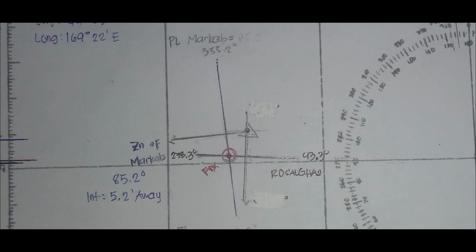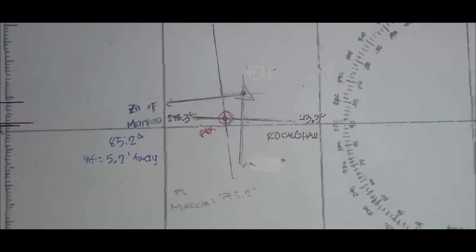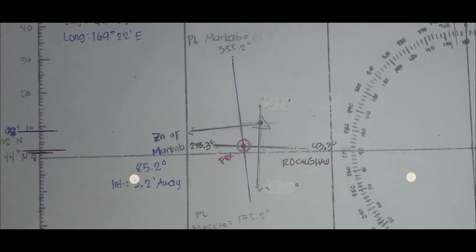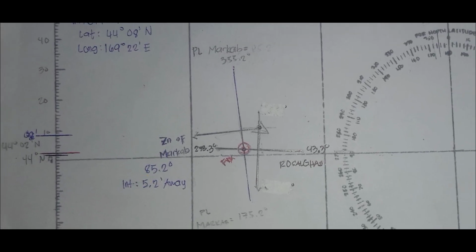We can now measure the right angle of Markab by getting its 90 degrees, or in other words subtracting or adding its GN from 90 degrees, so that we get 355.2 degrees and 175.2 degrees, the position line of the star Markab.